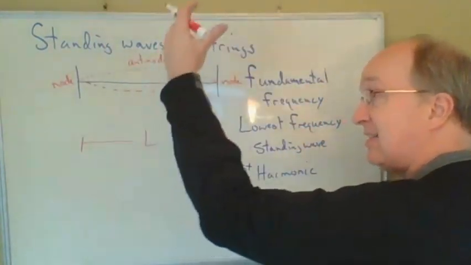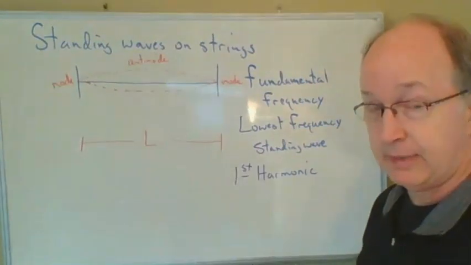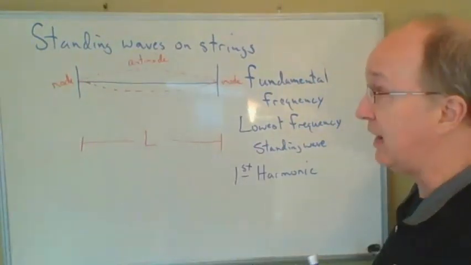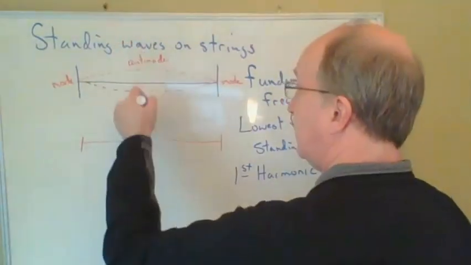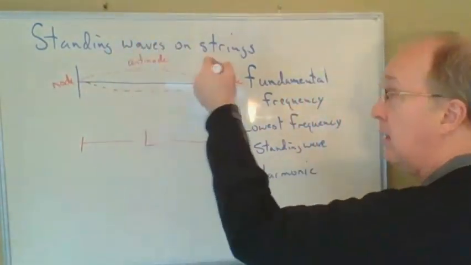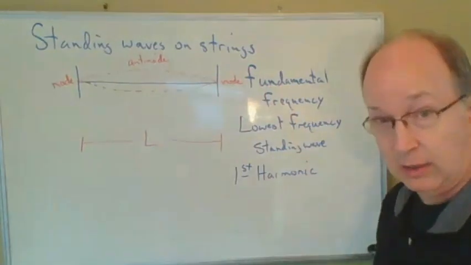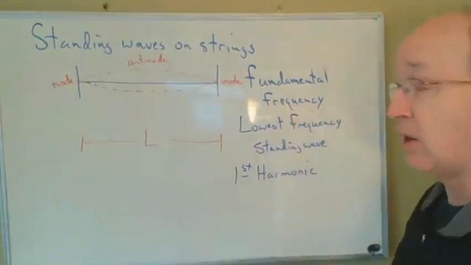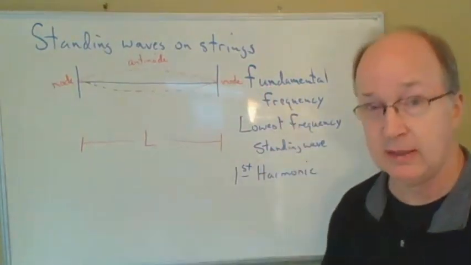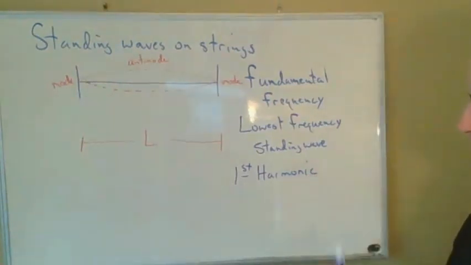It looks like it's standing still. And again, go back to that Khan Academy video if you haven't. So the antinode vibrates the most in the middle. Nodes don't vibrate at all at the ends. That is what we call the first harmonic standing wave of a string.